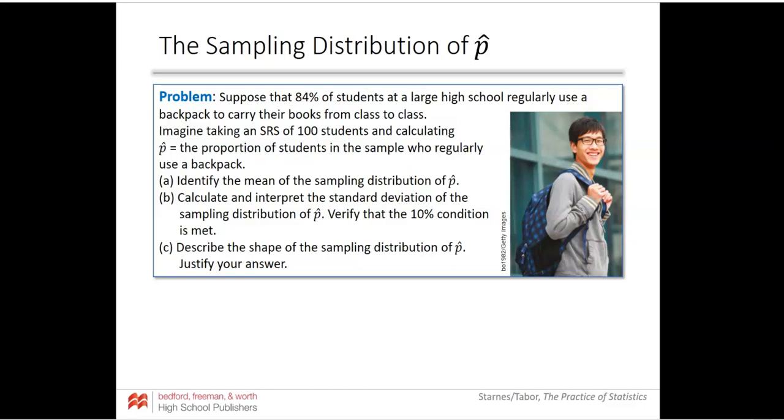Calculate and interpret the standard deviation of the sampling distribution, verifying that the less than 10% condition is met. So 100 students. For the 10% condition to be met, there has to be at least 1,000 students at the school. For a large public high school, that's probably no problem. And so we would say that does meet the less than 10% condition.